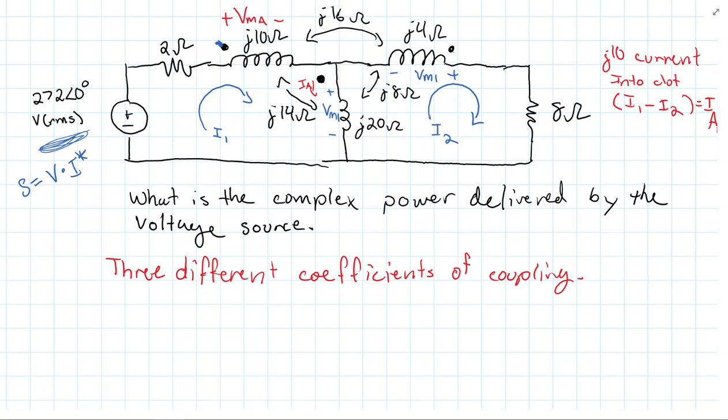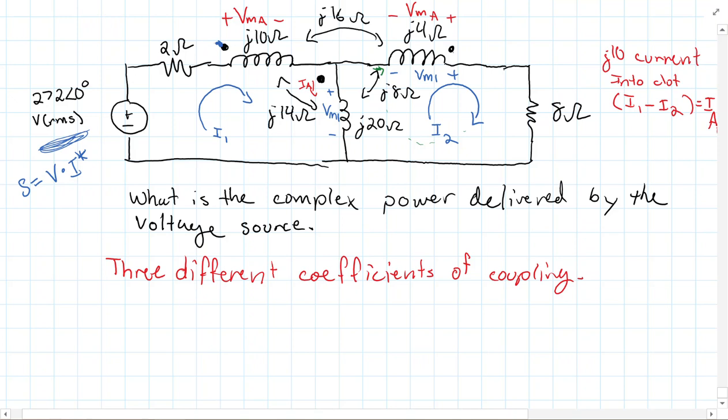And there would be a plus at the dot, an induced voltage due to current A on the J4 ohm inductor. Alright, I've got one more inductor to do here. If I look at I2 and trace this arrow around, I2 is going into the non-dotted side of the coil. So then I need to look at all the couplings here.